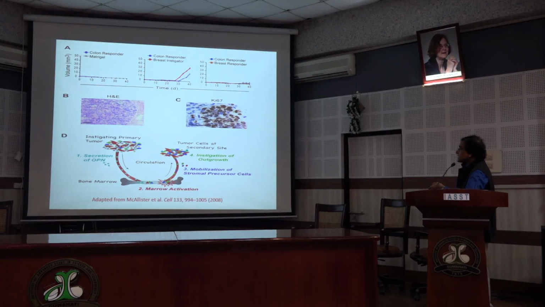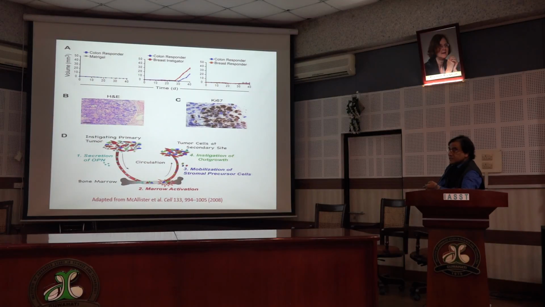They injected aggressive cancer cells on one side of the mouse, which they call the instigating primary tumor. They used colon cancer, breast cancer, etc. in their paper. On the other side of the same mouse, they injected less aggressive cancer cells of the same cancer origin, which they call the non-instigating secondary tumor.